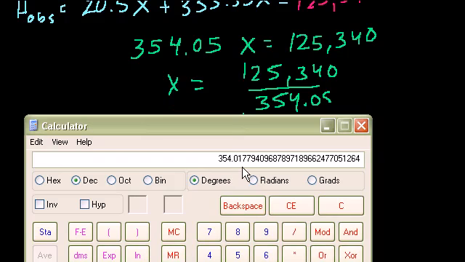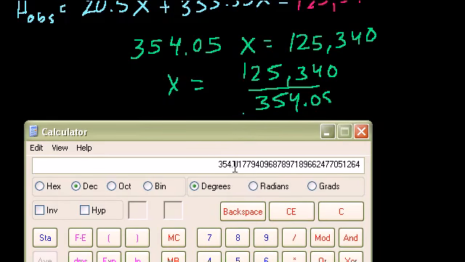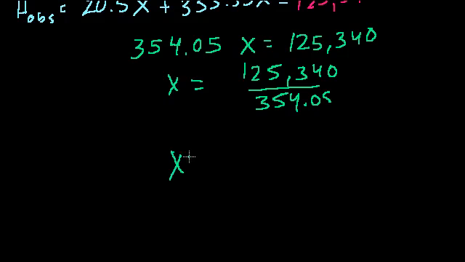There's a little bit of extra. So actually, just to be careful, maybe I'll take 355 grams of ice, because I definitely want my water to be chilled. So our answer is X is equal to 354.02 grams of ice.